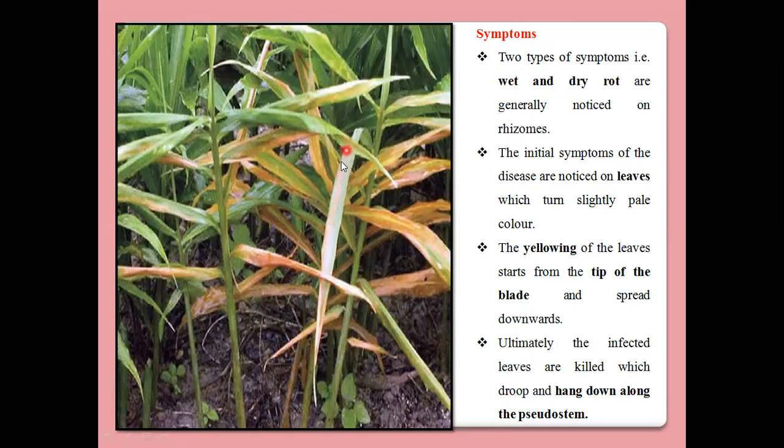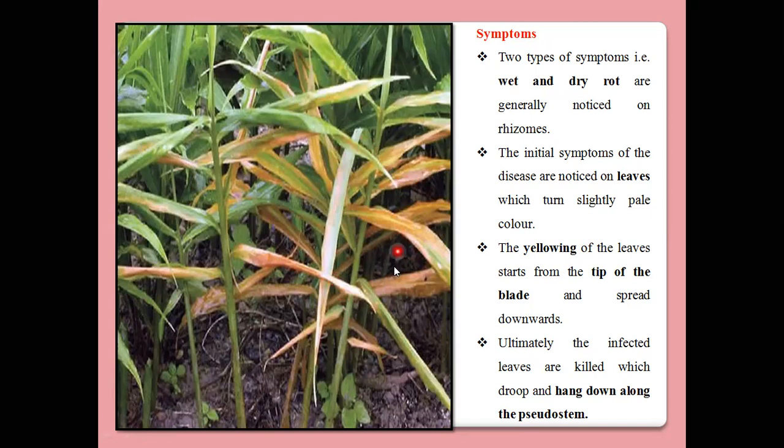This yellowing starts from the tip of the leaf, from the margin of the leaf, in downward directions. In this way, a number of leaves get infected and show yellowish symptoms. But after some days, these leaves dry completely and hang down on the pseudostems.